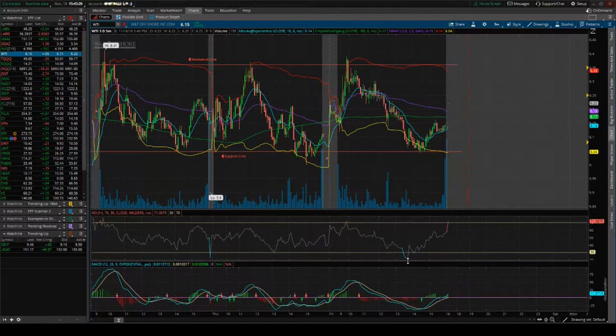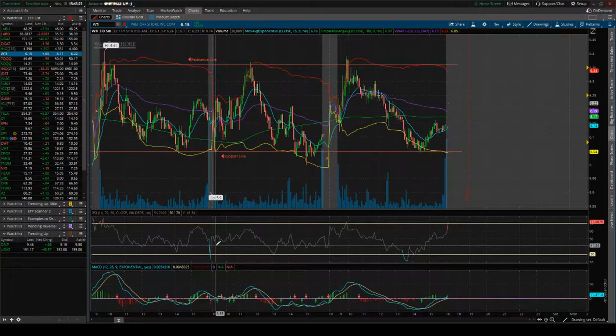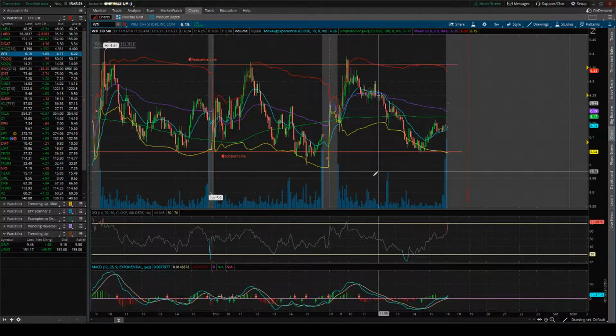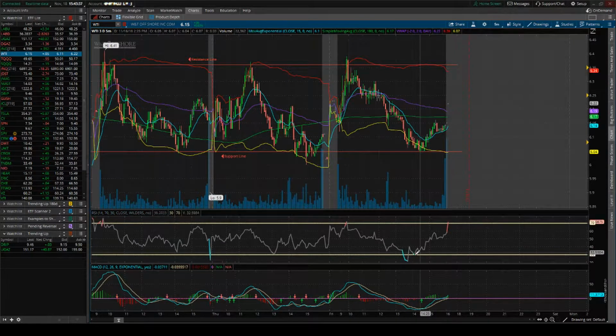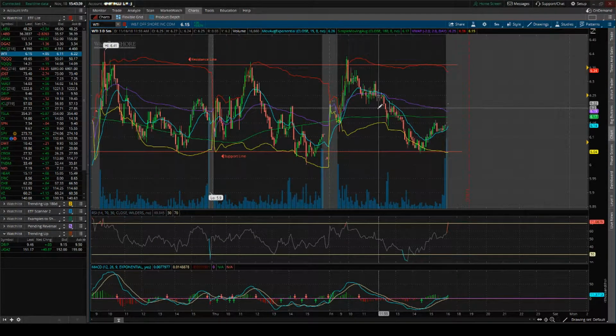Okay, I talked about in one of my videos where I showed you how to set up your thinkorswim to look like mine. You have this relative strength index indicator. Okay, this gives you an idea of when it's a good time to buy and when's a good time to sell.